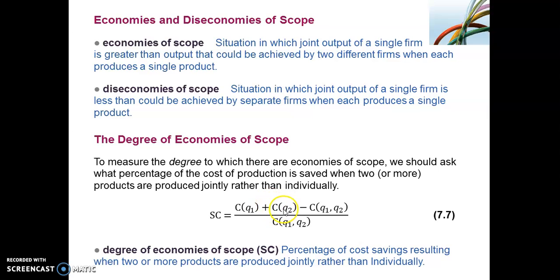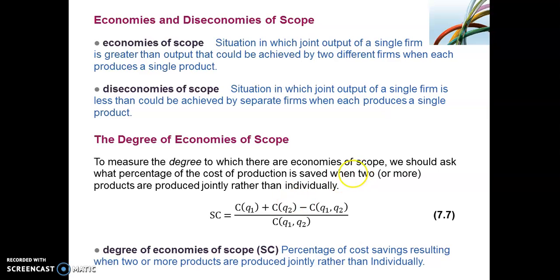This represents the cost of producing your output Q2, minus the cost of producing both outputs Q1 and Q2, divided by the cost of producing both outputs Q1 and Q2. So remember, it's the percentage. We must ask what percentage of the cost is saved when two products are produced jointly rather than individually. This is the formula, equation 7.7, that you would use to determine the degree of economies of scope.